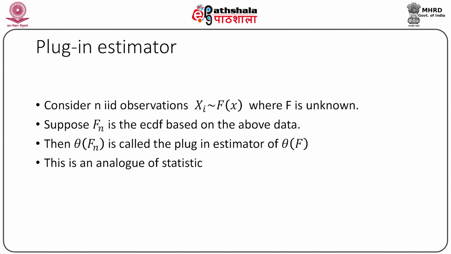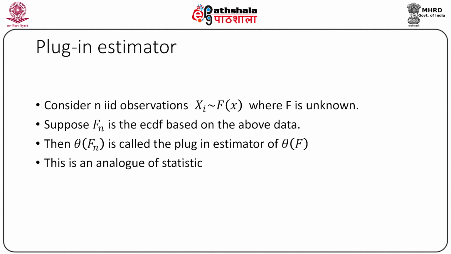So now we introduce the concept of a plug-in estimator. We have discussed analogues of parametric functions. Now we need an analog of a statistic. Plug-in estimators are the required analogues. Consider n IID observations from an unknown distribution function capital F. Suppose capital Fn is the empirical cumulative distribution function based on the data.